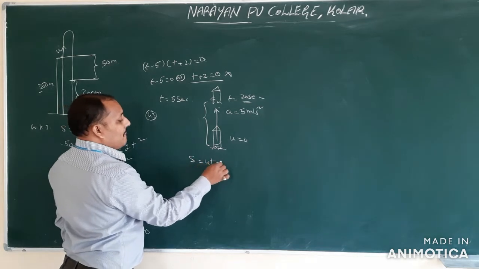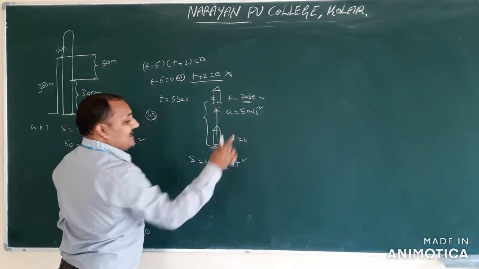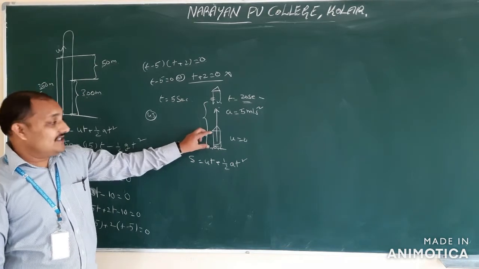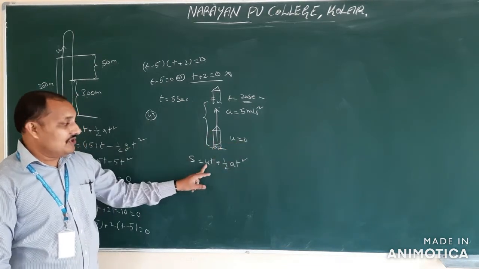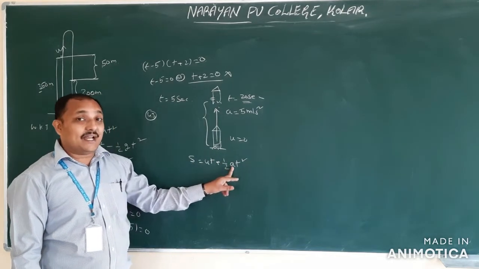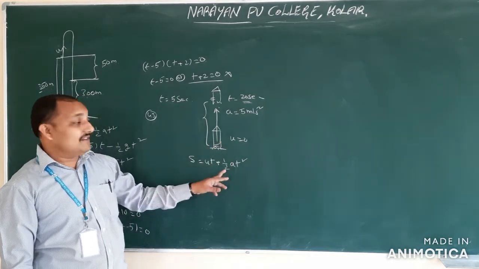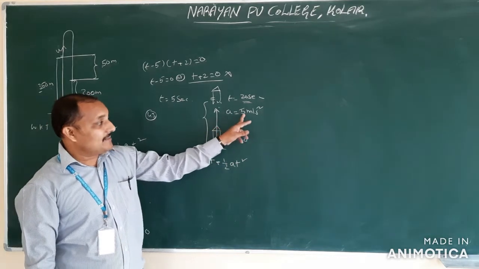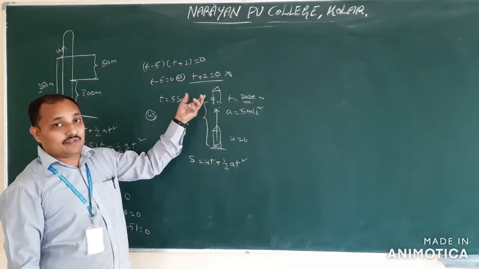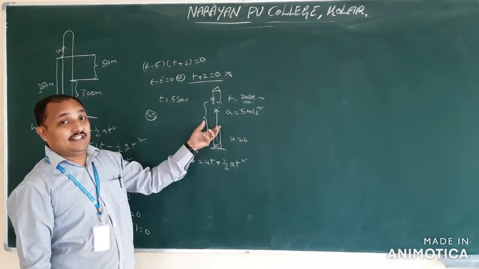S is equal to ut plus half at square. The rocket is going to start from rest, therefore initial velocity is 0. Generally, whenever we are taking upwards, we will take a as minus g. Here the rocket is not moving with acceleration due to gravity. They give separately 5. And the rocket we are not throwing upwards. By itself it is going, like a balloon filled with some gas.